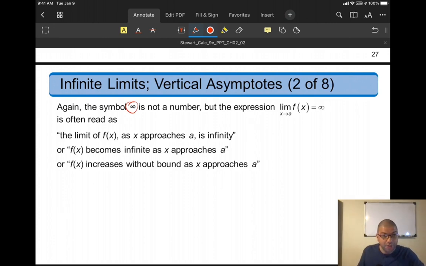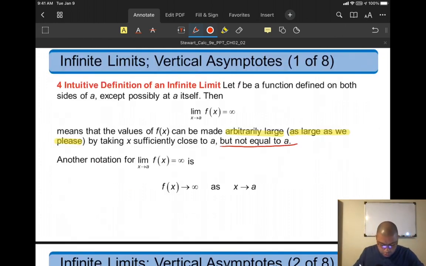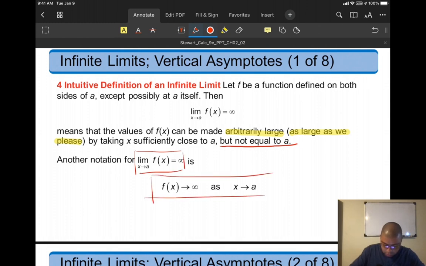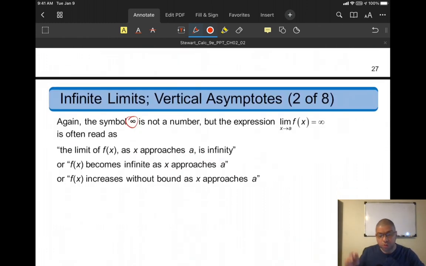So whenever I do math with this, I use quotation marks. We don't need quotation marks in this expression, nor in this notation here. But whenever I do math, like infinity divided by this or by that, I will use quotation marks, because this is not a number. Just really drill that in.